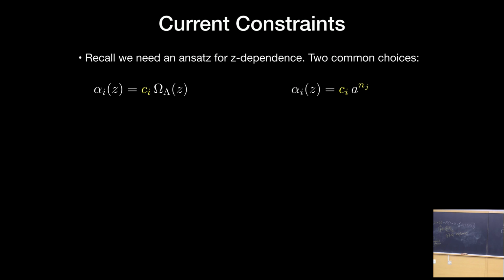Note that this is a bit of guesswork. Up until this point, everything has been very rigorously derived using proper field theory techniques. At this point, we are plugging in guesses to make things workable. Okay, so these two forms have been adopted and used in constraints.